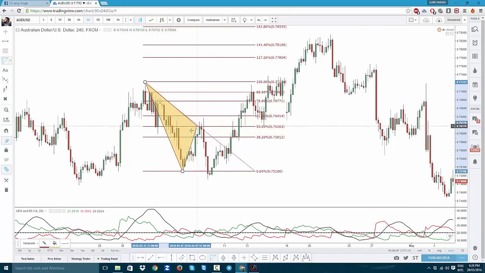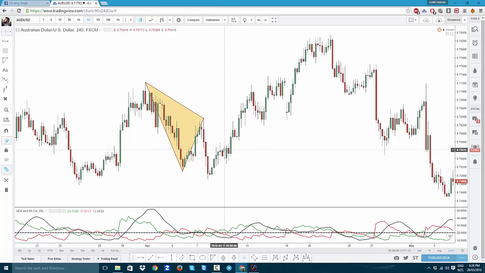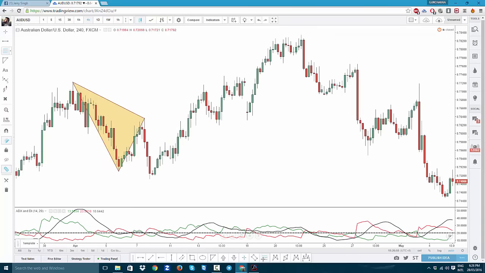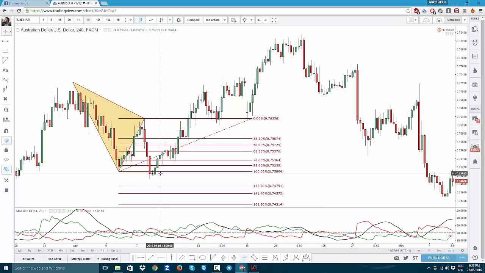You see, around 50, and it even almost touched my 61.8 as well. I'm just going to keep it on the wick. And the next one will be around 1.27 ish, something between 1.0 and 1.07. So that validates our pattern.